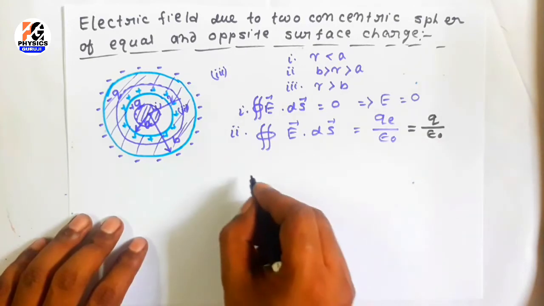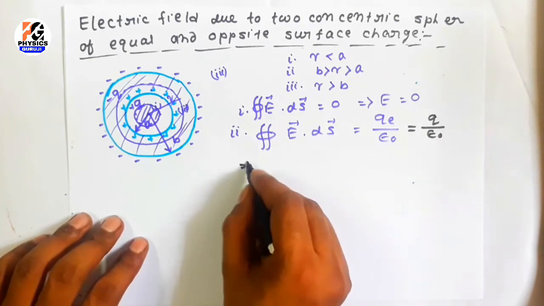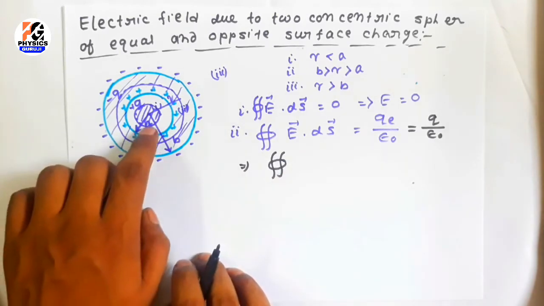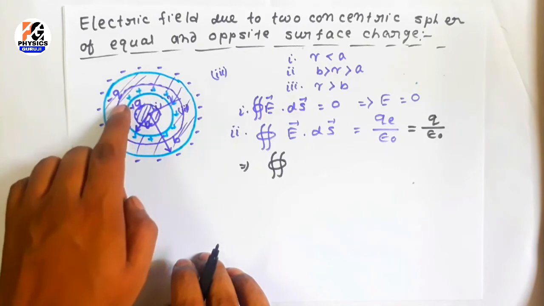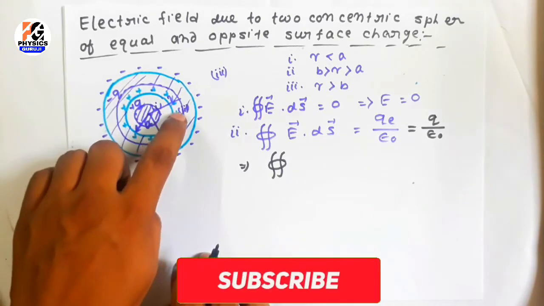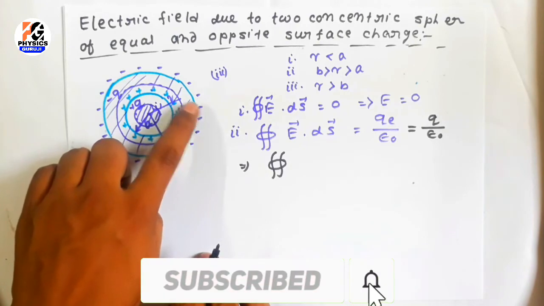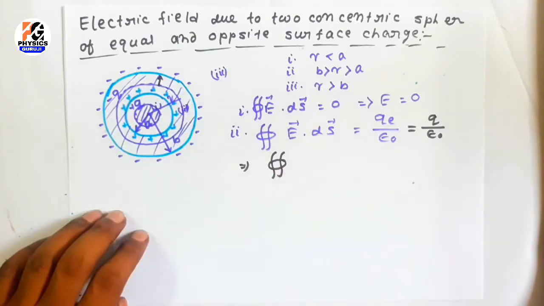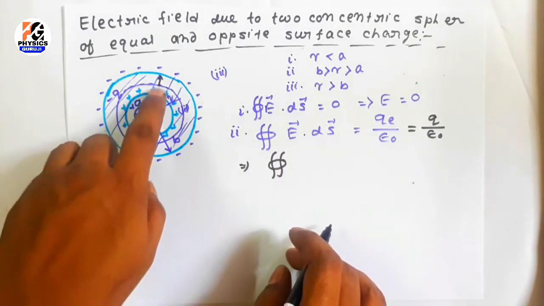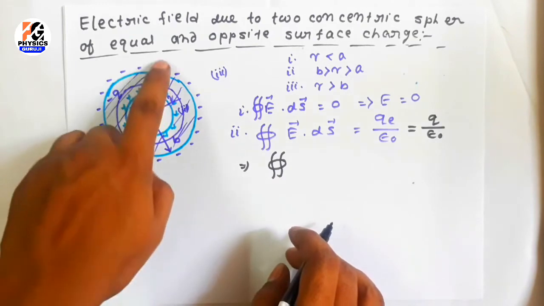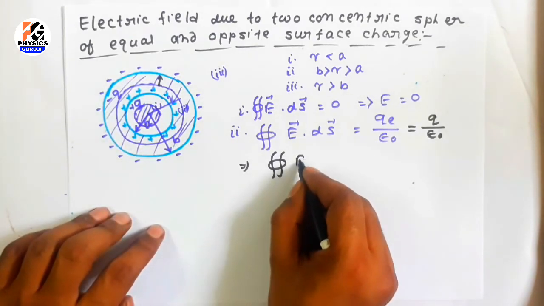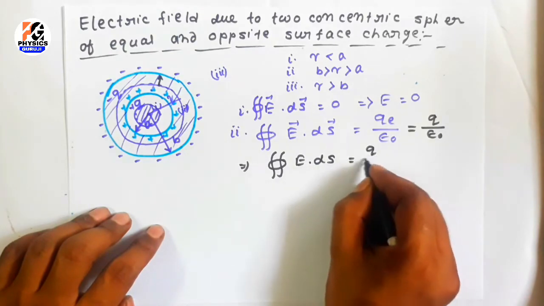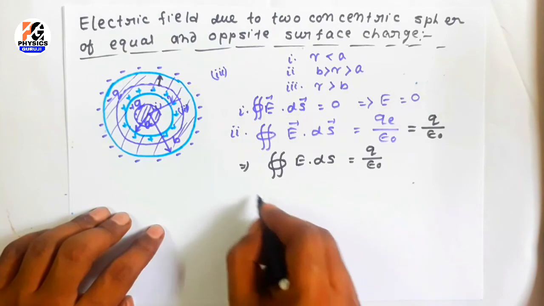So we can write the closed surface integral. Now due to spherical symmetry, at any point of the Gaussian surface the electric field is parallel to the area vector, because the area vector is perpendicular to the surface and the electric field is also radially outward. So we can write E dot ds as E ds, equal to Q by epsilon 0.